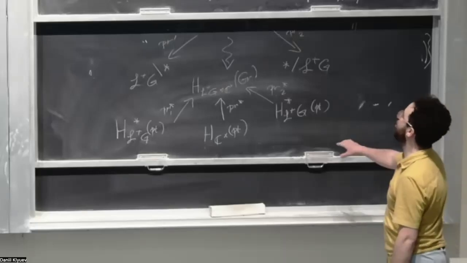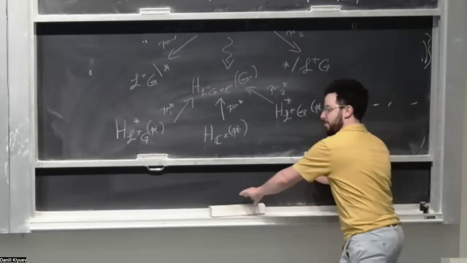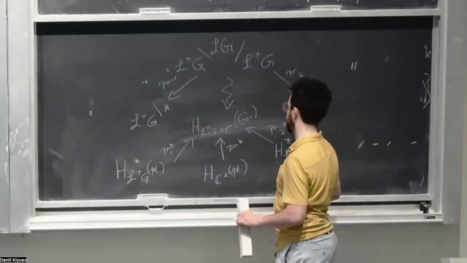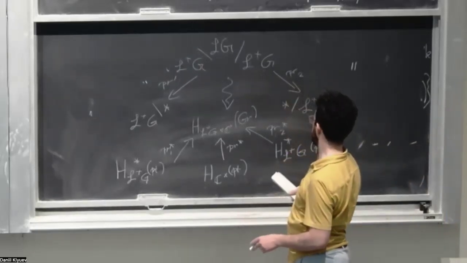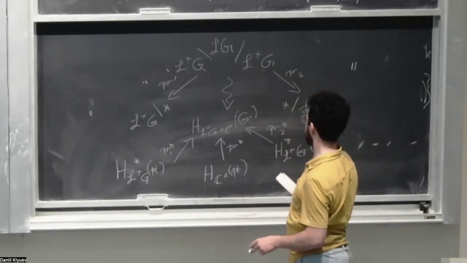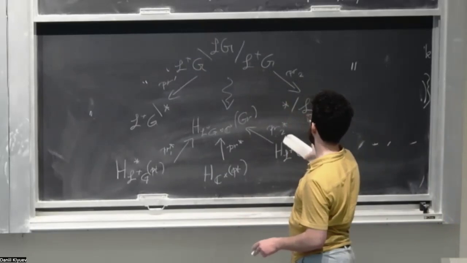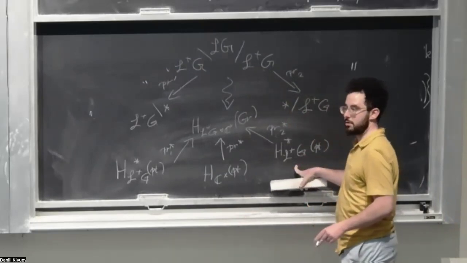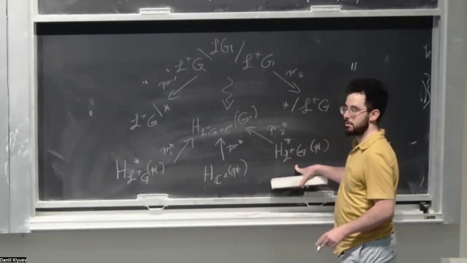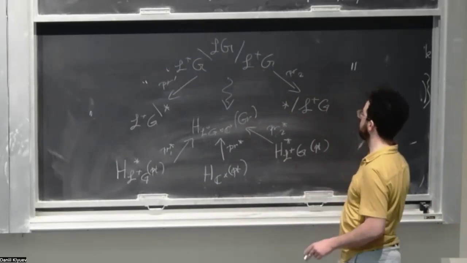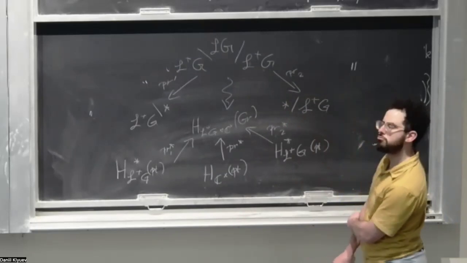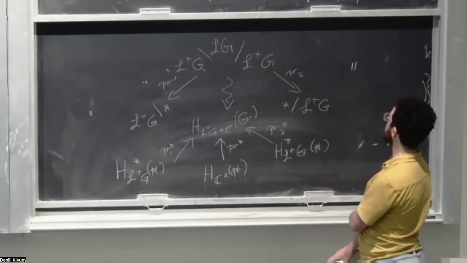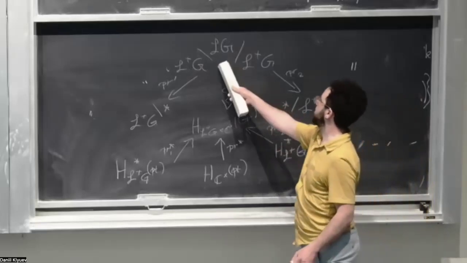Now this is the point where they're using... Sorry? You can see star everywhere, but what happened? Like H star L plus G, why did C star go? Here, you can just forget it. No, the map is in the other direction. The C star acts on LG.